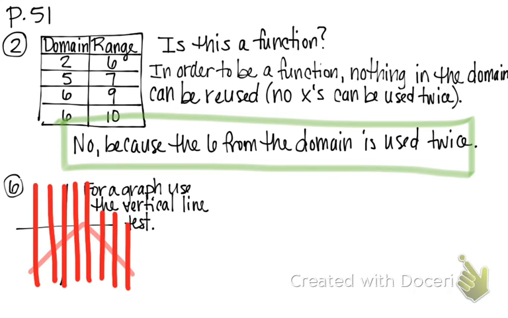Kind of going back to what we said a minute ago, no x's can be used twice. None of my vertical lines can hit my pink line twice. So everything here just hit that pink line one time, which means it is a function.